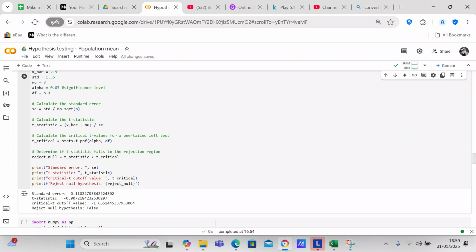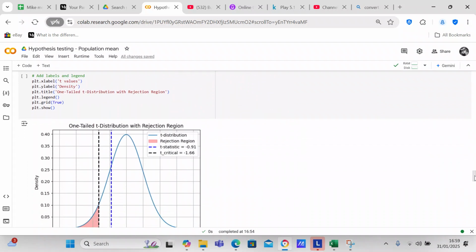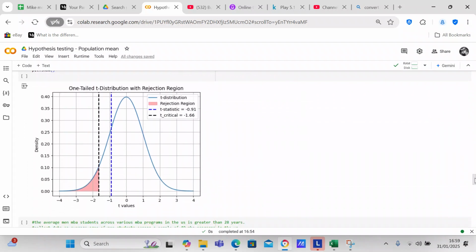And let's see what it looks like when we made a diagram of that. So the t-distribution is blue. You can see your rejection region is negative 1.66. Your t-statistic is negative 0.91, and your t-critical is negative 1.66.